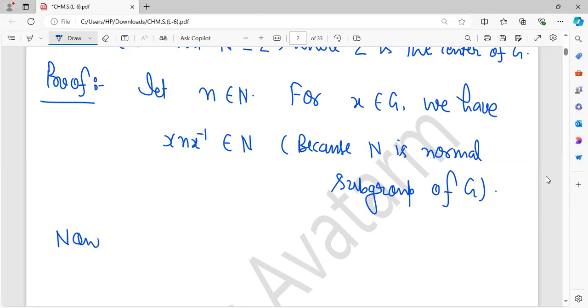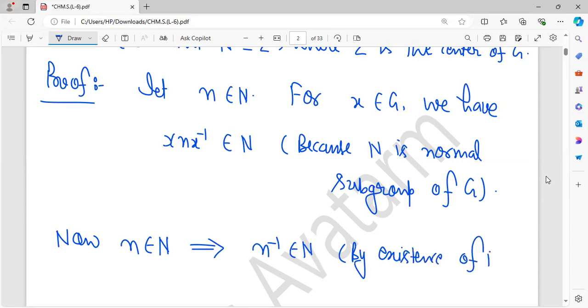Now n belongs to N implies n inverse belongs to N by the existence of inverse in subgroup N. Okay.